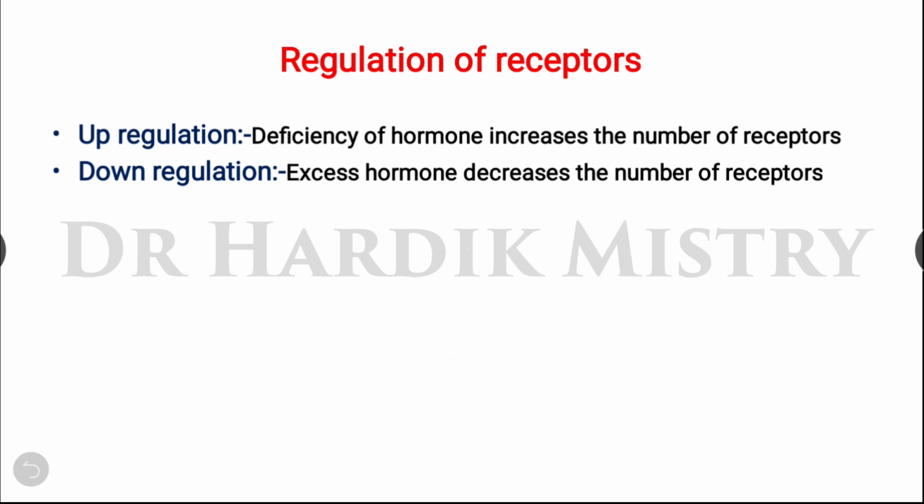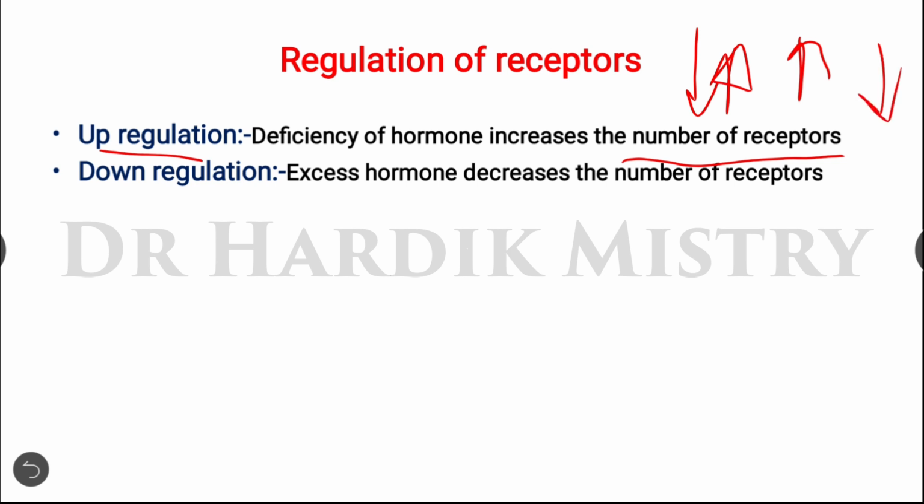What is upregulation? Deficiency of hormone increases the number of receptors. When there is a decrease in the hormone, there will be an increase in its receptors, and vice versa. That is known as downregulation: excess hormone decreases the number of receptors. When the hormone is increased, the receptors decrease. So that is the regulation of receptors, upregulation and downregulation.